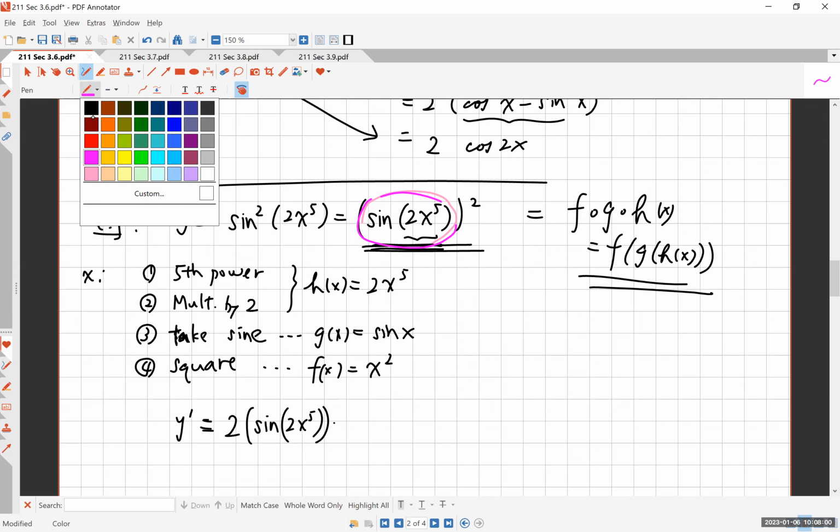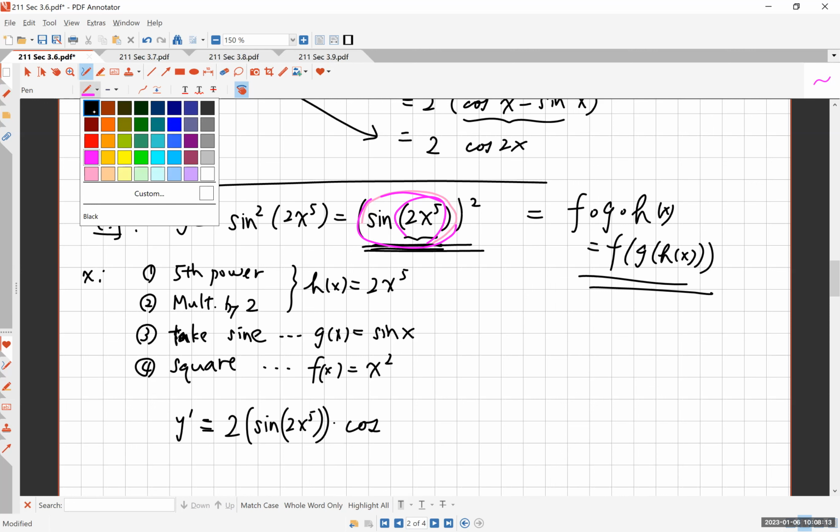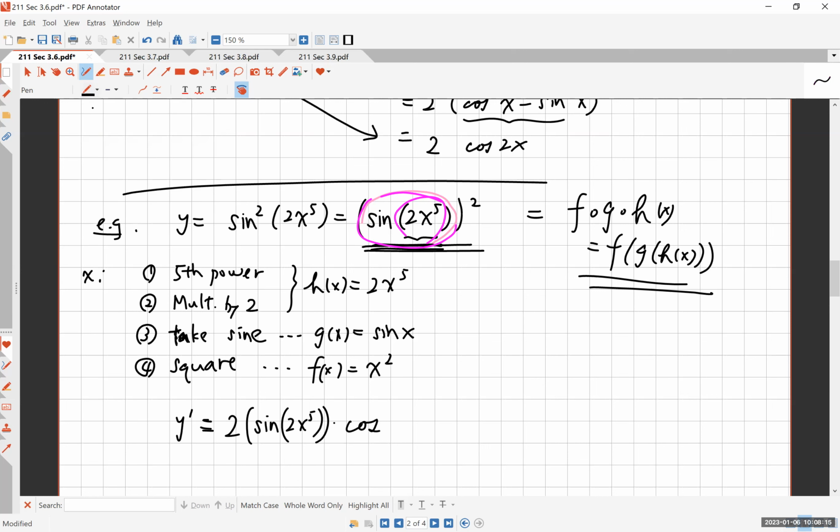But that itself is the composition of two functions. So that becomes cosine of this innermost blob. That's the h, the innermost function. And so it's a cosine of 2x to the fifth. And now we get to look into the innermost function and differentiate this guy. So that's 2 times 5, 10 x to the fourth, right?